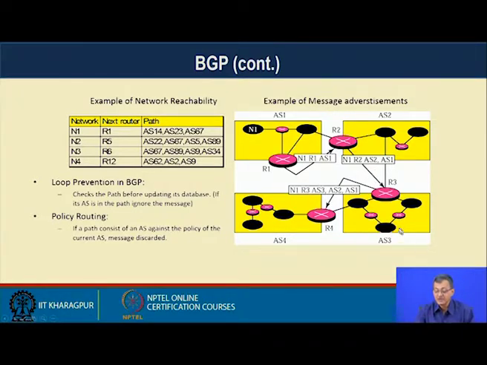So, that means anything that goes from here looking for N1 knows that the next router will be R2, right, and it has to travel by AS2 and AS1. Similarly, here, if anything goes to N1, the next router is R3 and it goes through AS3, AS2 and AS1, right. So, the path is defined in this way.